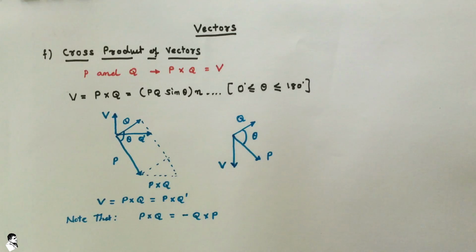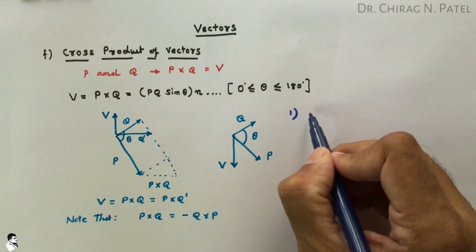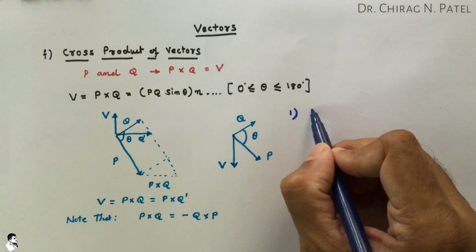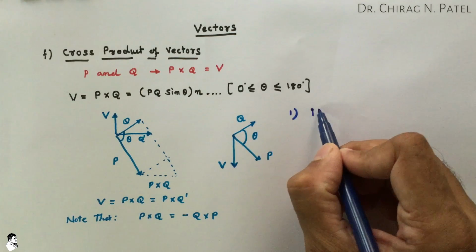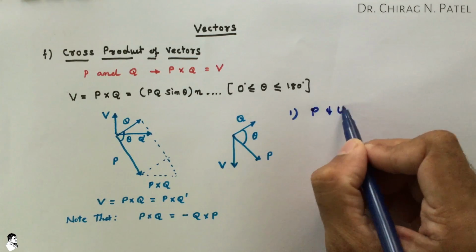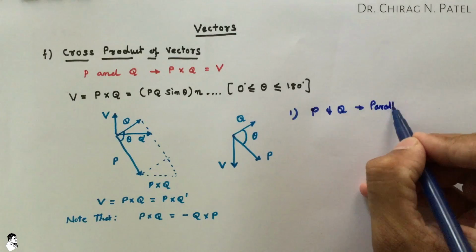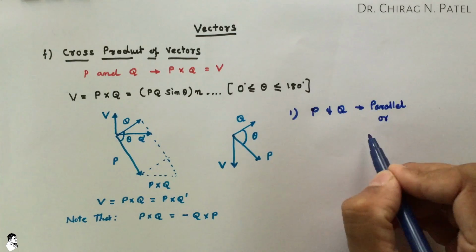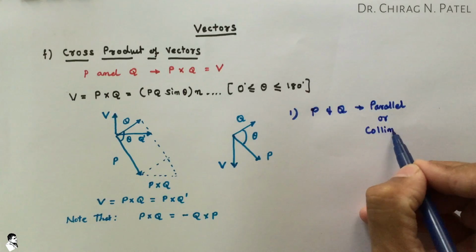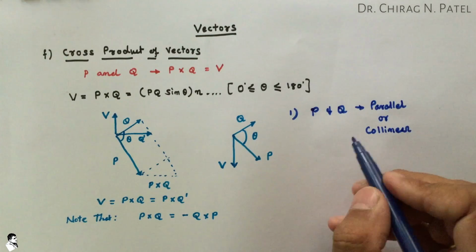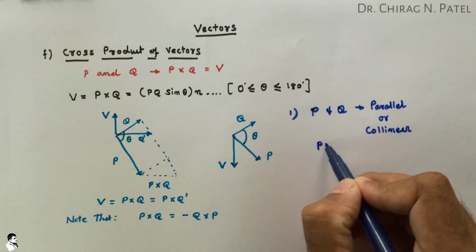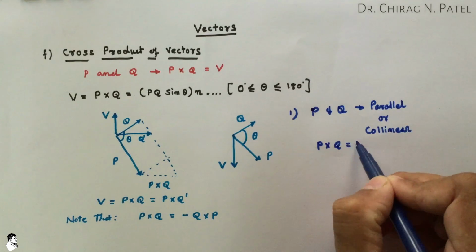A few more properties of the cross product may be stated in the following way. Number one, if P and Q are parallel or collinear, then P cross Q equals 0.